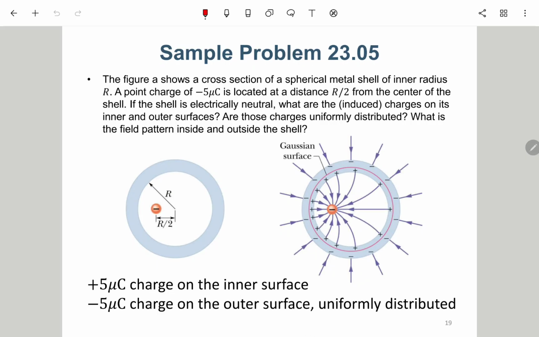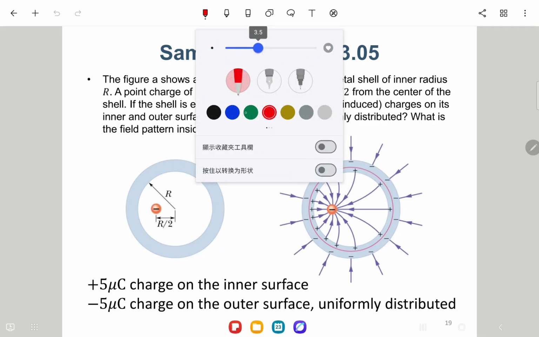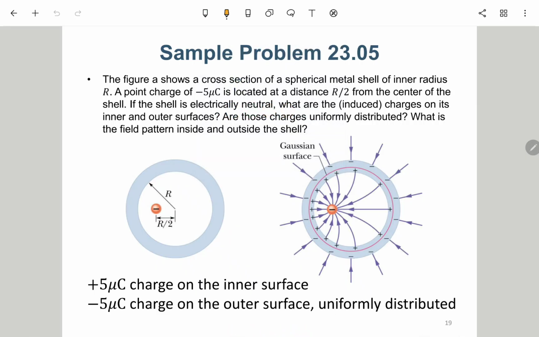Here we have a sample problem. The figure shows that figure A, the left one, is a cross section of a spherical metal shell of inner radius R. A point charge of -5 μC is located at a distance of R/2 from the center of the shell, so not at the center.